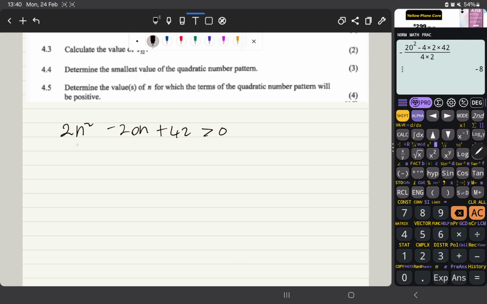We can just divide by 2 on both sides, and we end up with plus 21, right? And here we just factorize this.